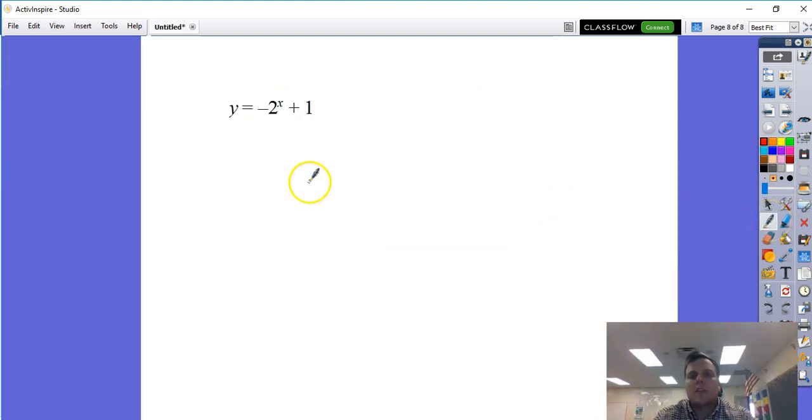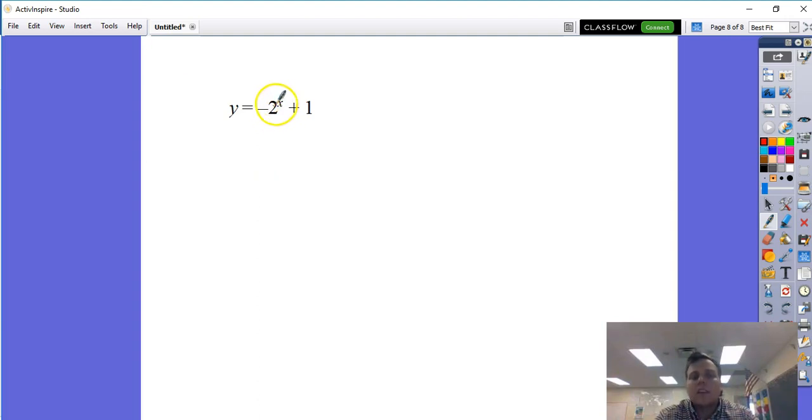Okay, problem 6. Now, a couple things to point out. One, all this question wants is the transformations. In other words, it just wants you to say if it's going up, down, left, right, vertical stretch, vertical compression, reflection. Okay, that's all it's looking for. So first, I want to point out that this 2 is being raised to the x power. So this means this is an exponential situation because x is in the exponent.